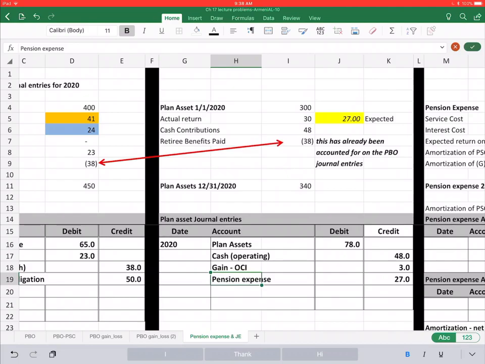Because we are investing these funds and we are being smart about it, that decreases our overall expense related to the defined benefit plans. That's why we go about recording the pension expense in this way.